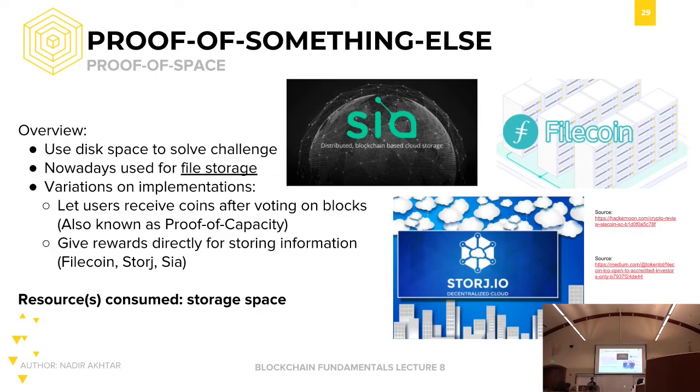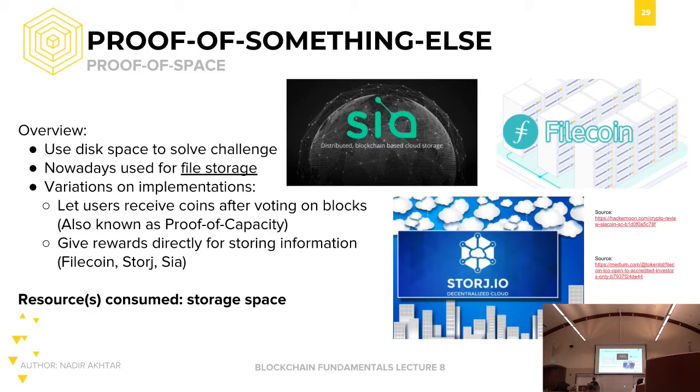And through proof of space, you're proving that some space has been consumed, some storage space, to store some file. All right, so this is how you can enforce a decentralized blockchain cloud storage. There's also proof of capacity in which you consume space merely to vote on blocks, but I don't see it as interesting given that proof of work and proof of stake have already pretty well done that.